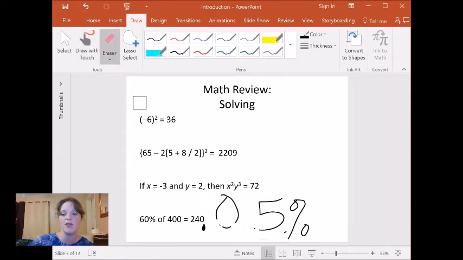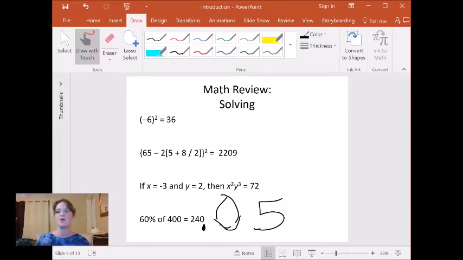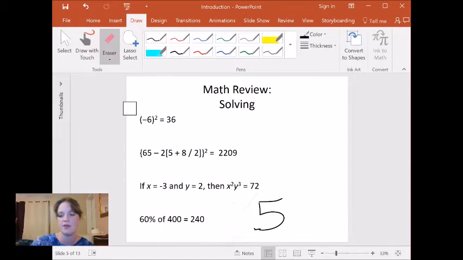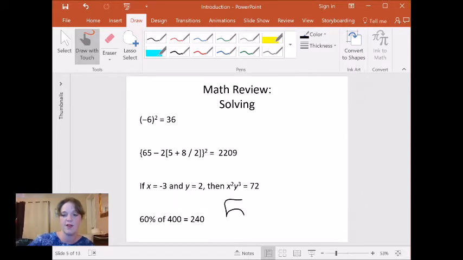So if you have a percentage of 5%, that becomes the proportion of 0.05. 5% is the proportion of 0.05.